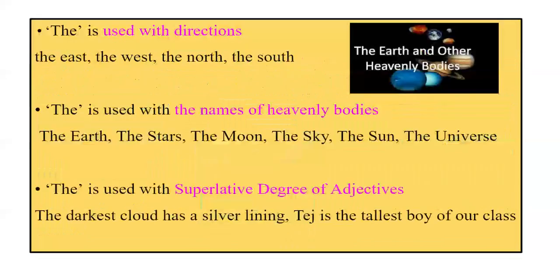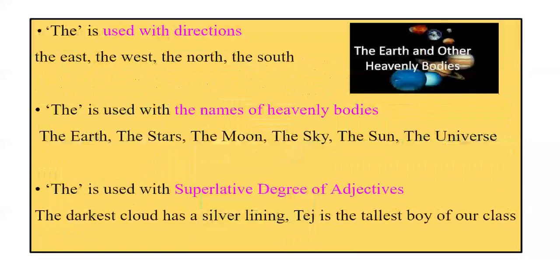Now, the is used with directions when we say the east, the west, or it is also used with heavenly bodies, the sun, the moon.